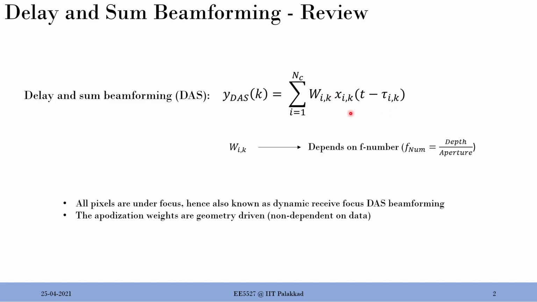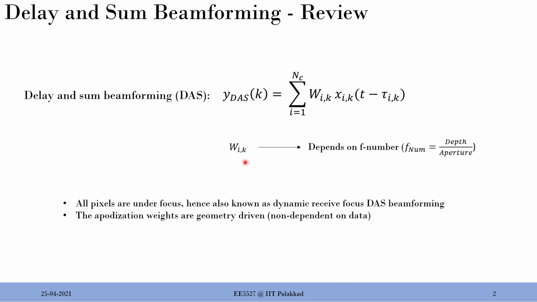So you identify the delay corresponding to that pixel to each and every transducer, where i stands for the transducer number, and then extract that amplitude. That's what this particular equation says. Extract the amplitude corresponding to the transducer and the pixel, and then you weight the transducers accordingly and sum them up so that you get that pixel value. Then of course comes the further post processing of envelope detection and log compression, which I need not talk about all the time, but you should understand by now.